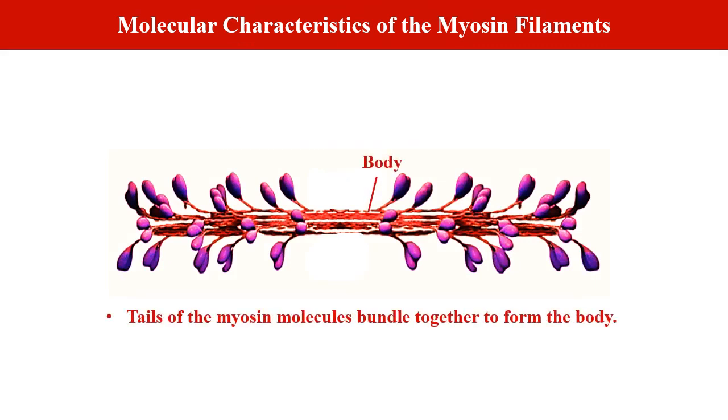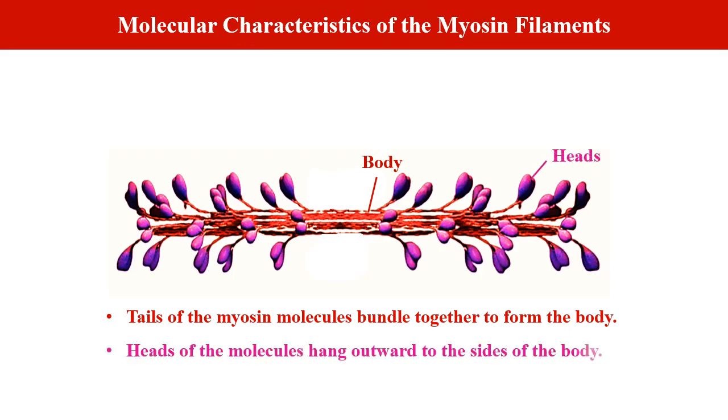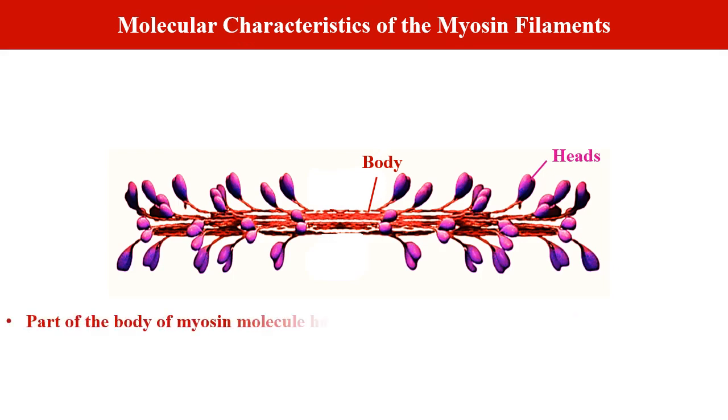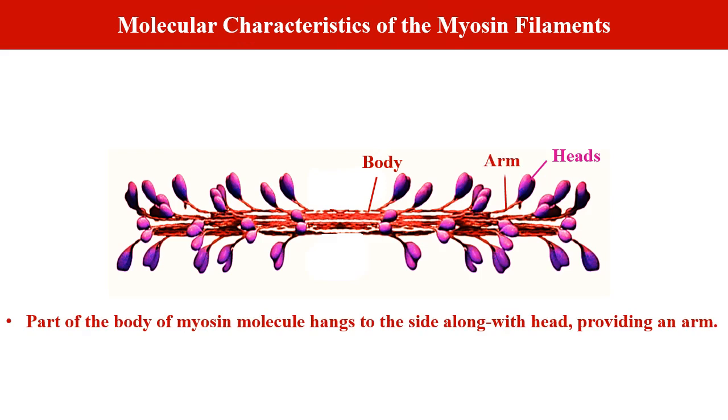Tails of the myosin molecules bundle together to form the body, while the heads of the molecules hang outward to the sides of the body. Part of the body of myosin molecule hangs to the side along with head, providing an arm.